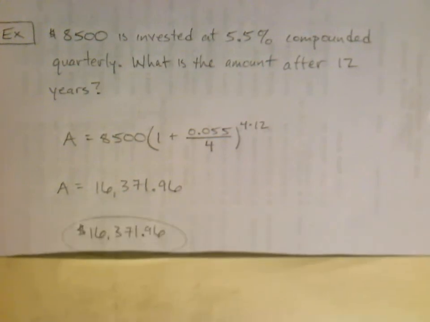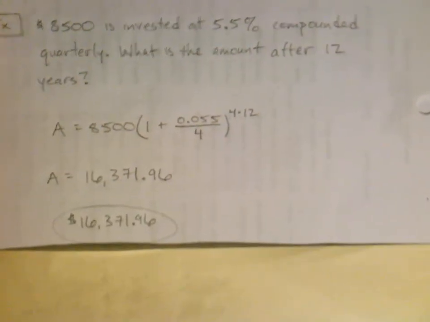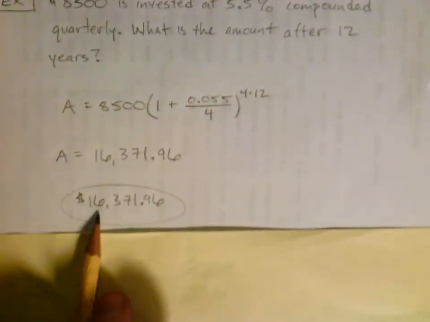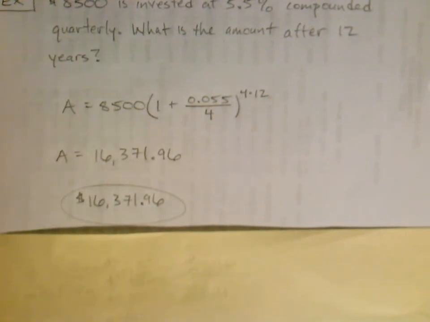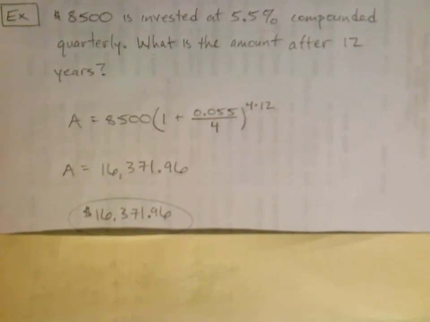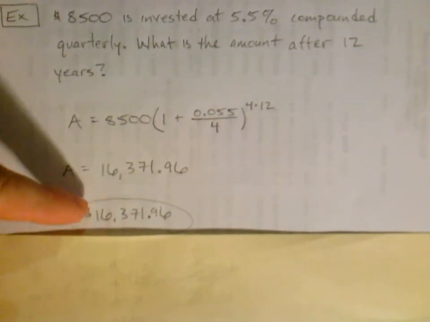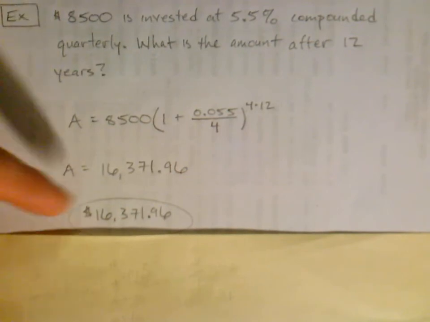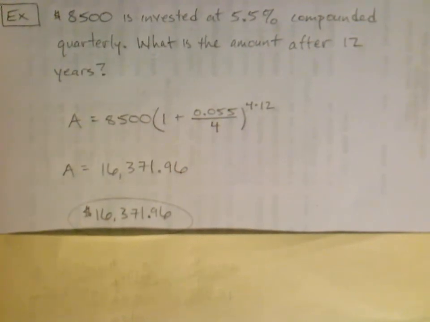And of course that is dollars, so maybe I'll throw the units on there, the dollar sign. Not too bad. The 8,500 turned into over 16,000. It got pretty close to doubling. Now it took 12 years of just sitting there to do it, but not too bad at the end of the day.